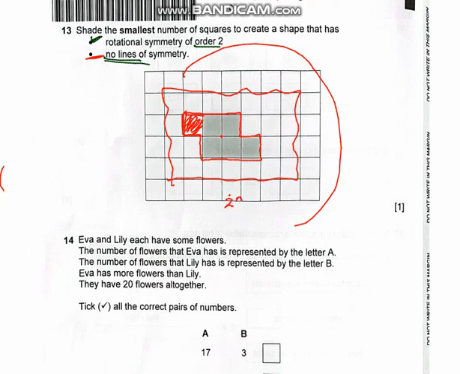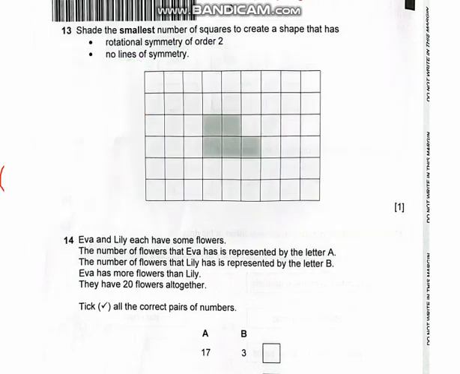At second turn, you will get one order, and at the fourth turn, you will get the second order. So this shape also has only two rotational symmetry order. So it means that this is the same square you have to draw. You have to do it by using the tracing paper.